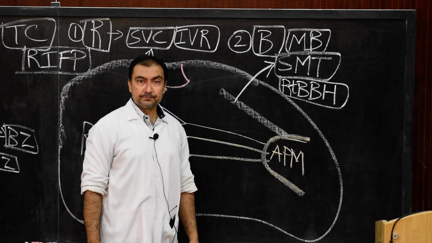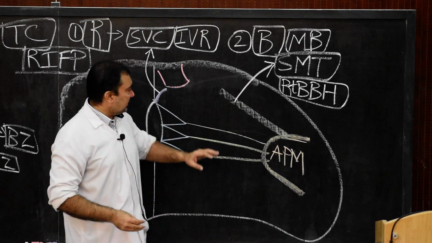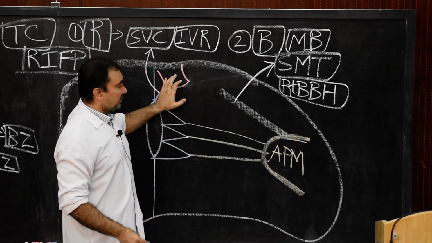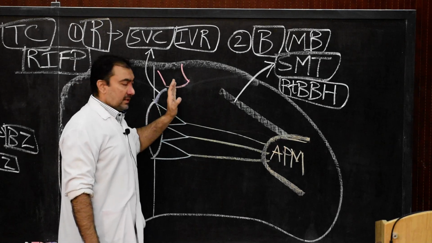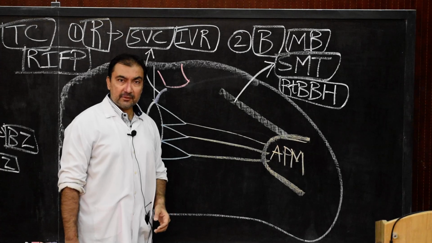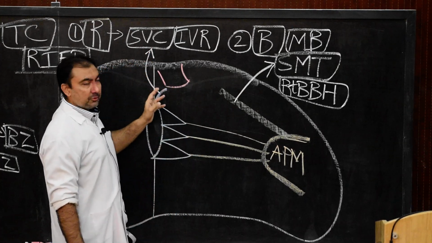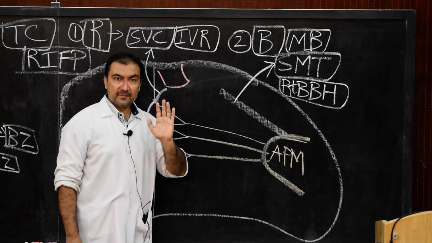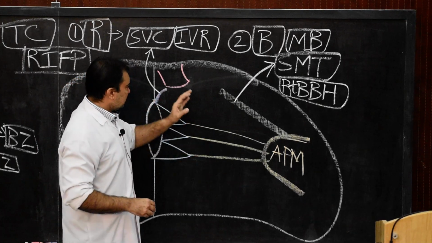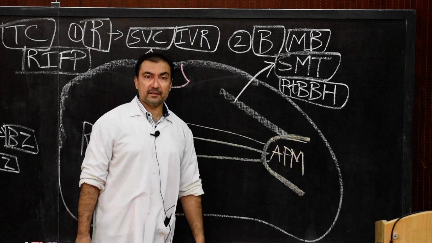Try to understand it this way: the infundibulum or pulmonary trunk will have in its anterior wall the septomarginal trabeculae, and in its dorsal, posterior wall, there will be the supraventricular crest. This is the ideal way of understanding. So here we have finished the second component of trabeculae carneae, bridges.